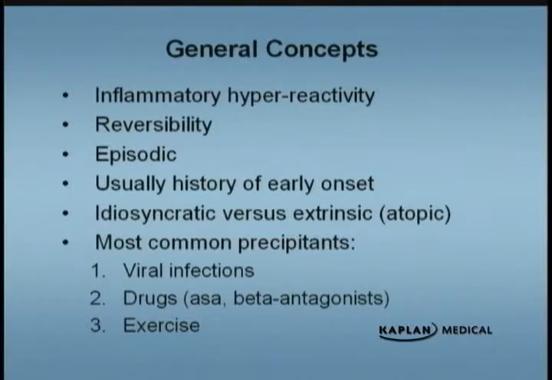So let's talk about general concepts about asthma. The basic issue with asthma is it's an inflammatory process. The patient's lungs are hyperactive to some type of either allergens or infections, or sometimes we don't even know the causative organism or scenario, but these patients have more hyperactivity than normal people, and an inflammatory process occurs.